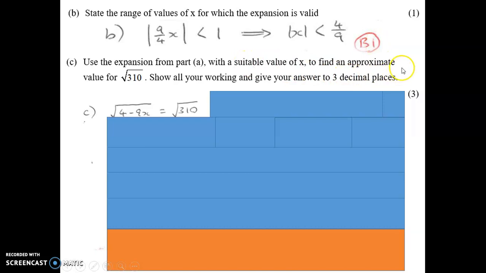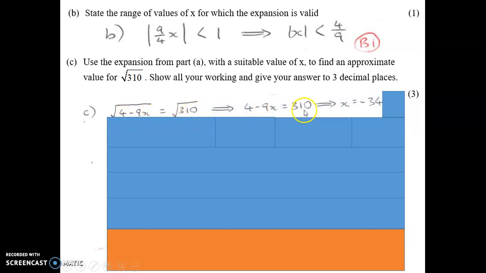The last part was definitely not easy, and so I'm going to show you what a lot of students tried and explain why it doesn't work. A lot of people quite rightly thought, well, this is the expression I've got and I'm trying to find an approximation for this, so I want my 4 minus 9x to equal 310, and if you solve that you end up with x equals negative 34.